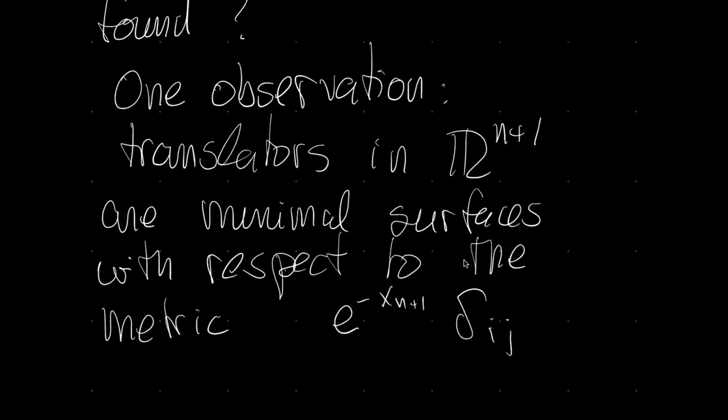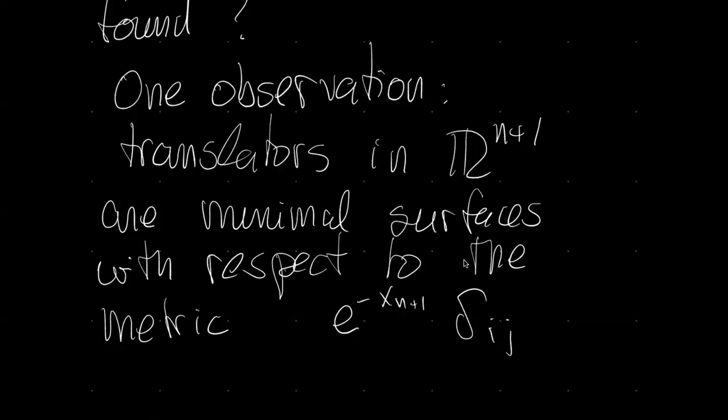The translators I'm thinking about are moving just downwards, in the -x_{n+1} direction, though of course it can be another direction, and you see something similar. But the point is that a lot of the theory is developed in analogy to minimal surface theory, because they are minimal surfaces in that context. And in a minute, I'll say why I'm mentioning this.